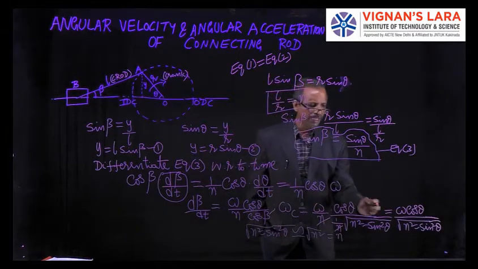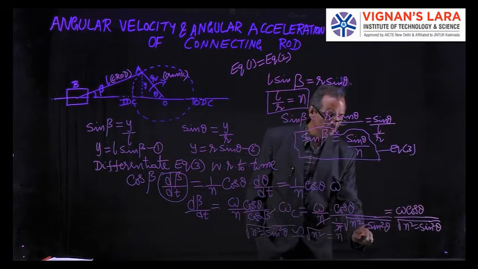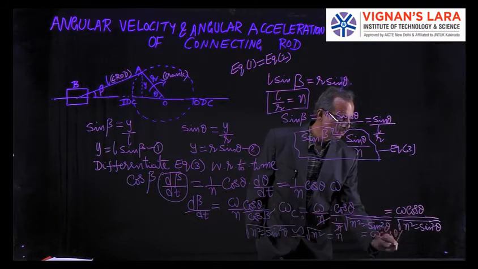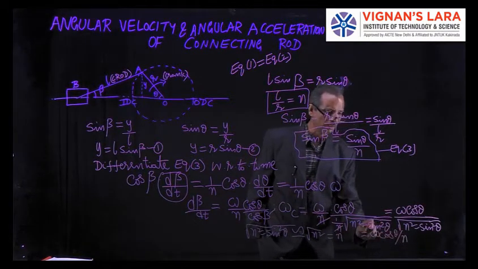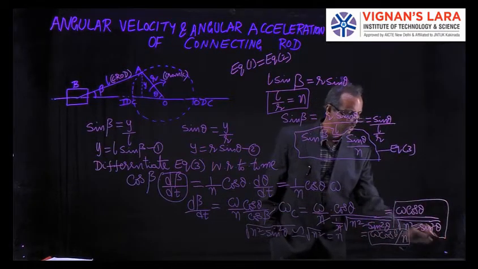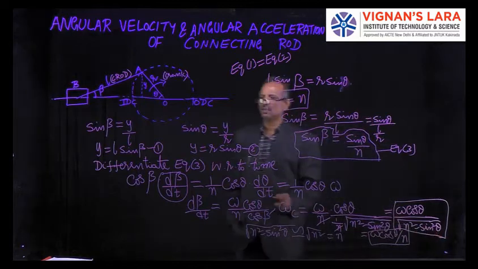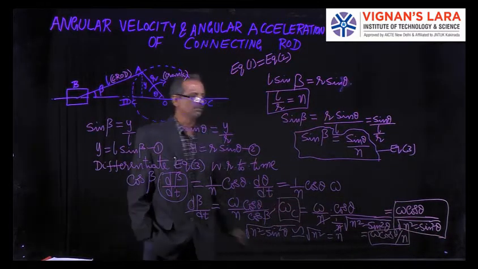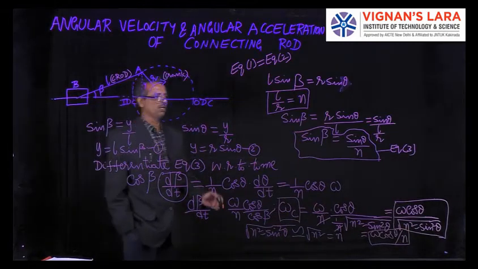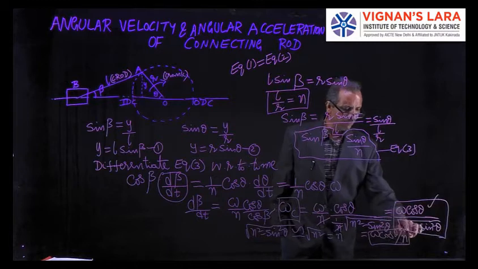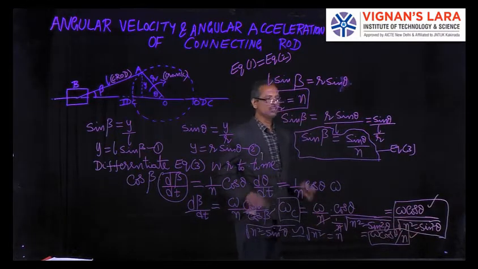Then I can write this equation as simply omega cos theta by n. So you can use this form or you can use this form to find out the angular velocity of the connecting rod. This is the complete form and this is the simplified form.